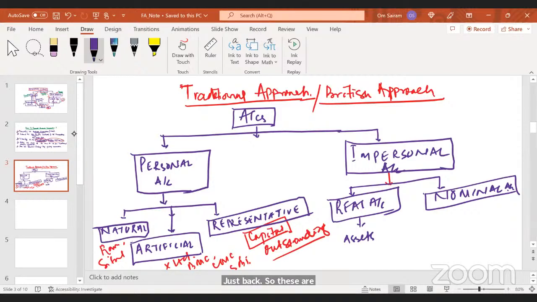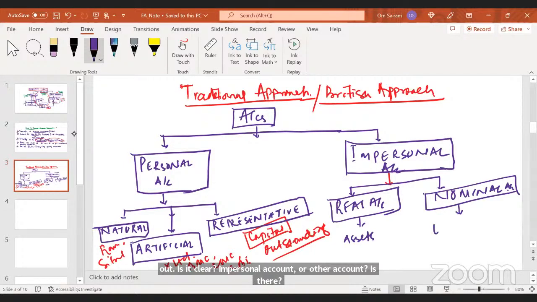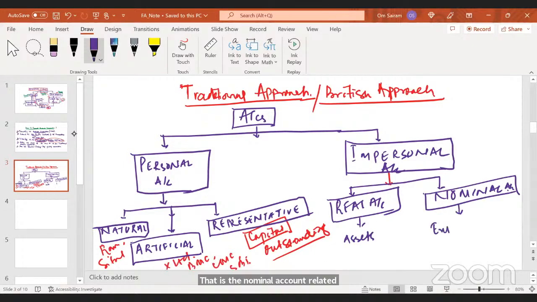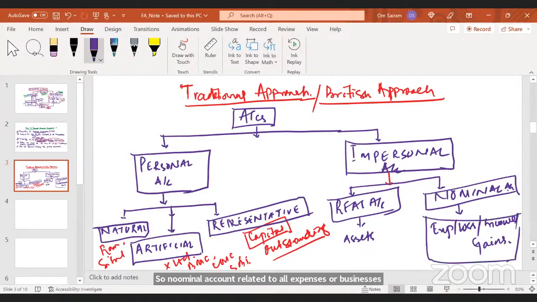Is it clear? And under impersonal account, another account is the nominal account. Nominal account is related to all expenses, losses, incomes and gains. So nominal account is related to all business expenses: salary paid, stationery expenses paid, rent paid.